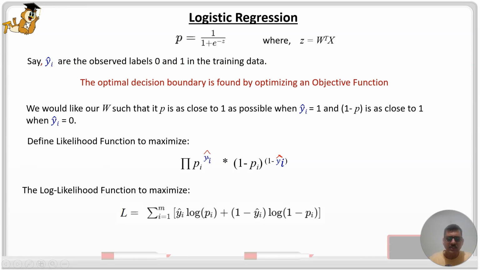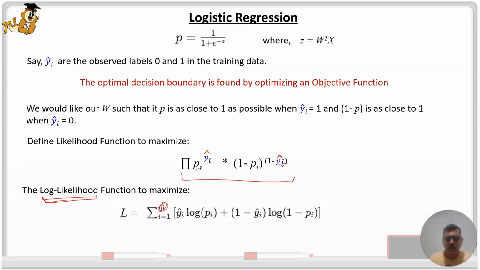Now, if you are going to maximize this thing, because all of these quantities here are positive, you can also maximize its logarithm, right? So the log likelihood function, where you take the log of this quantity, is summation going from I equals 1 to m.